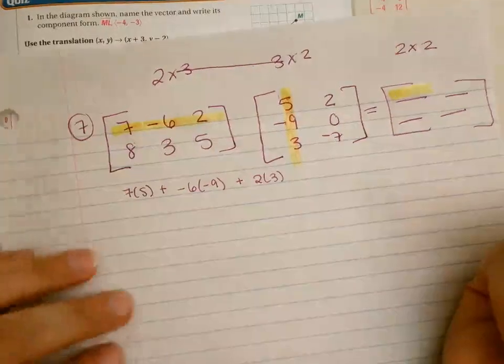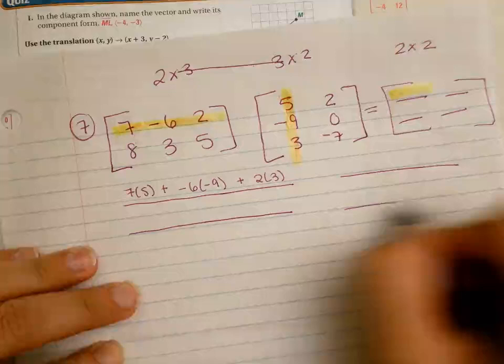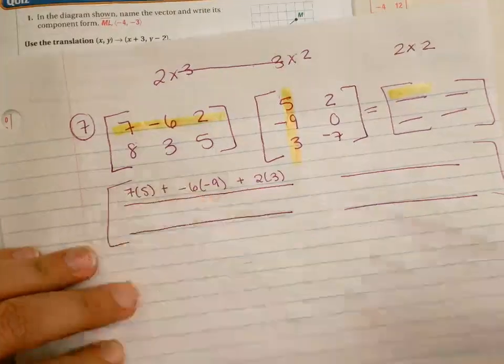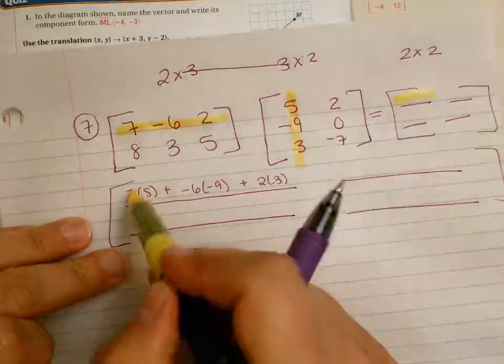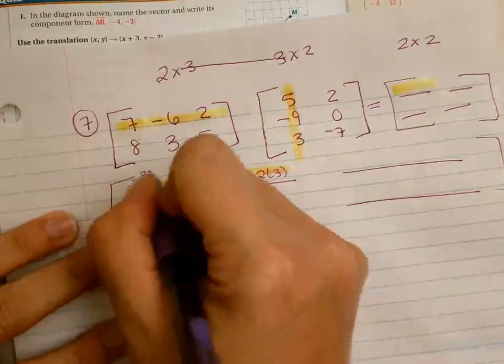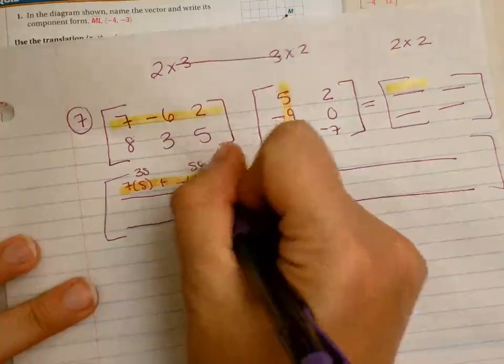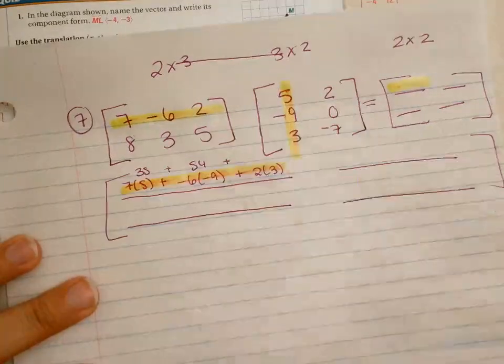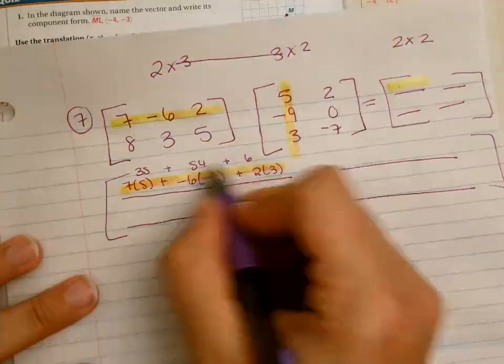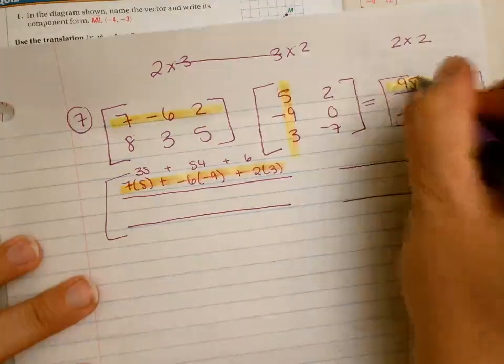So 7 times 5 is 35. 6 times 9 is 54. And 2 times 3 is 6. 54 plus 6 is 60, 70, 80, 95. So our top corner is going to be 95.